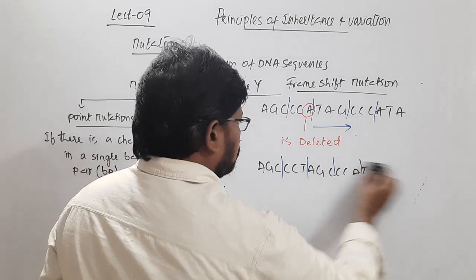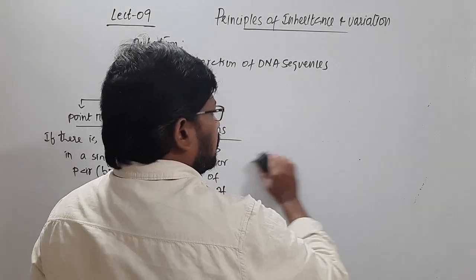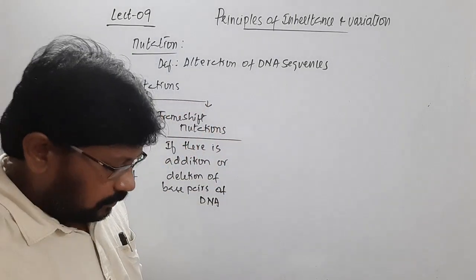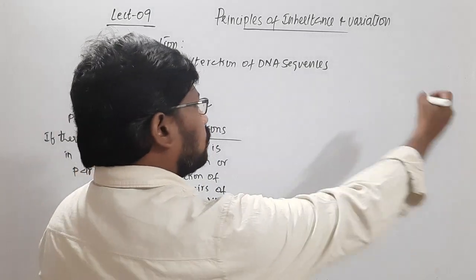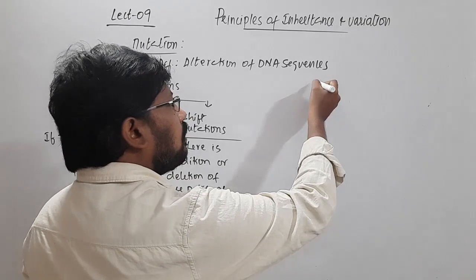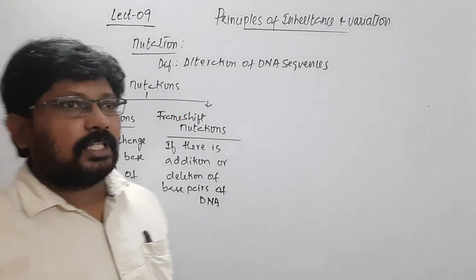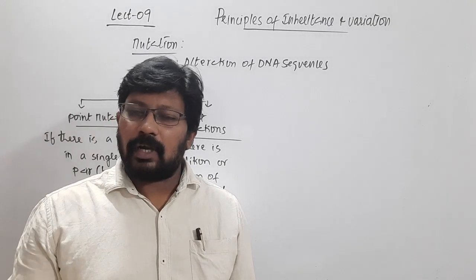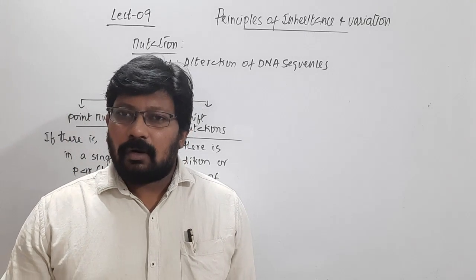Now we know here the chromosome. What actually is this chromosome? It is a long DNA molecule that is coiled upon coil, what we call supercoiling.